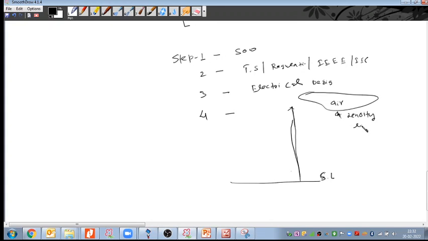Air density is less. So what happens between two equipment in case of AIS, air insulated substations? What is the insulating medium? That is the air. Am I correct or not?